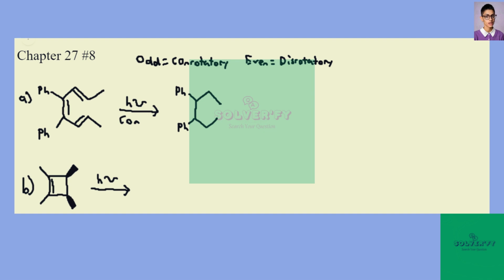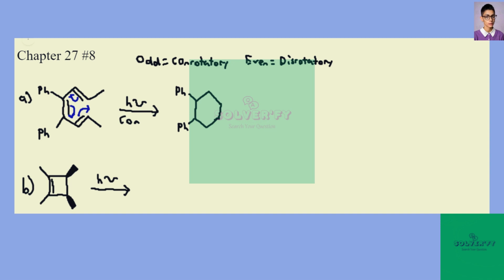Once again, if it helps, we can draw the way that the electrons will move here. So that double bond will move, that double bond will move, and the electrons from that double bond will go to form the new single bond that closes this ring up. So we have the closed ring there.